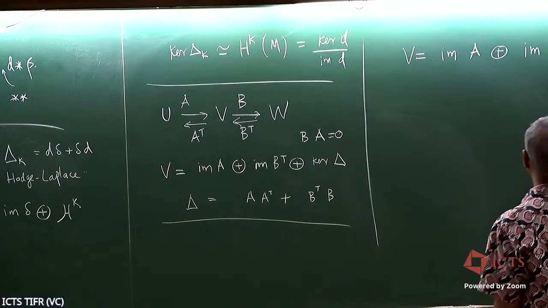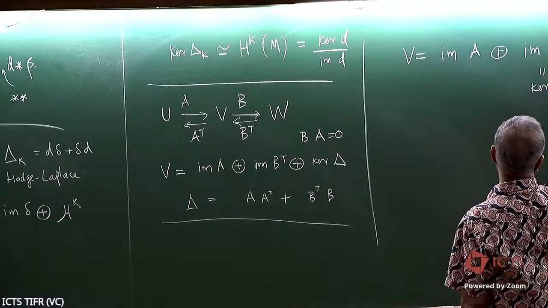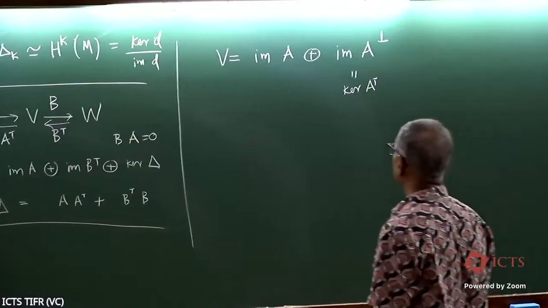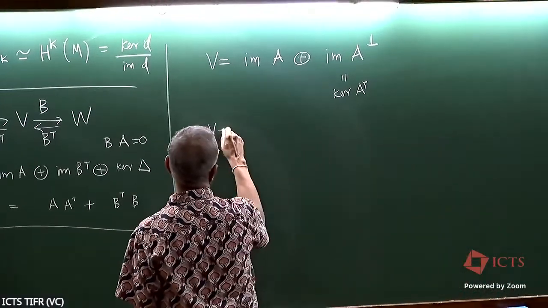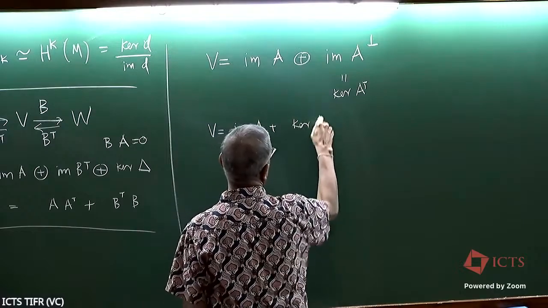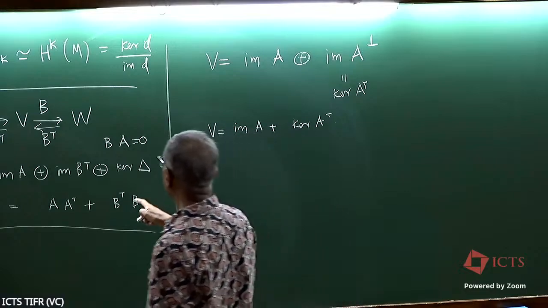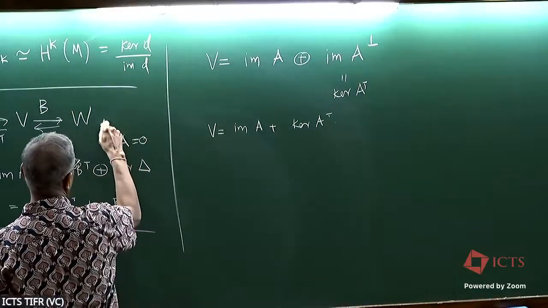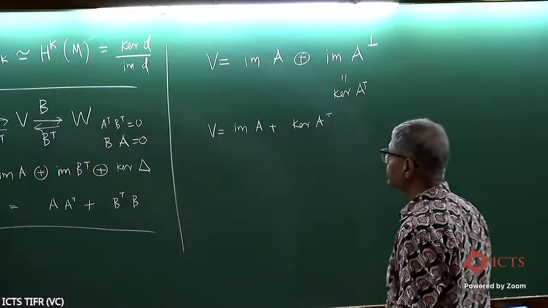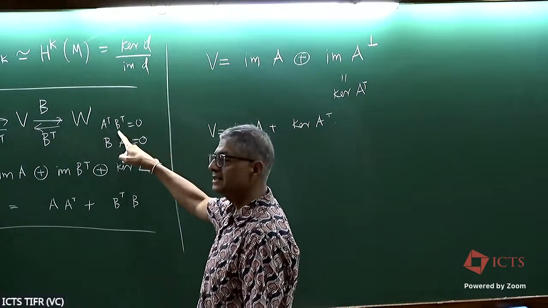The orthogonal complement of the image of A is the kernel of A transpose. So we have that V is image of A plus kernel of A transpose. But we have BA is 0, but we also have A transpose B transpose is 0. So the kernel of A transpose contains the image of B transpose.